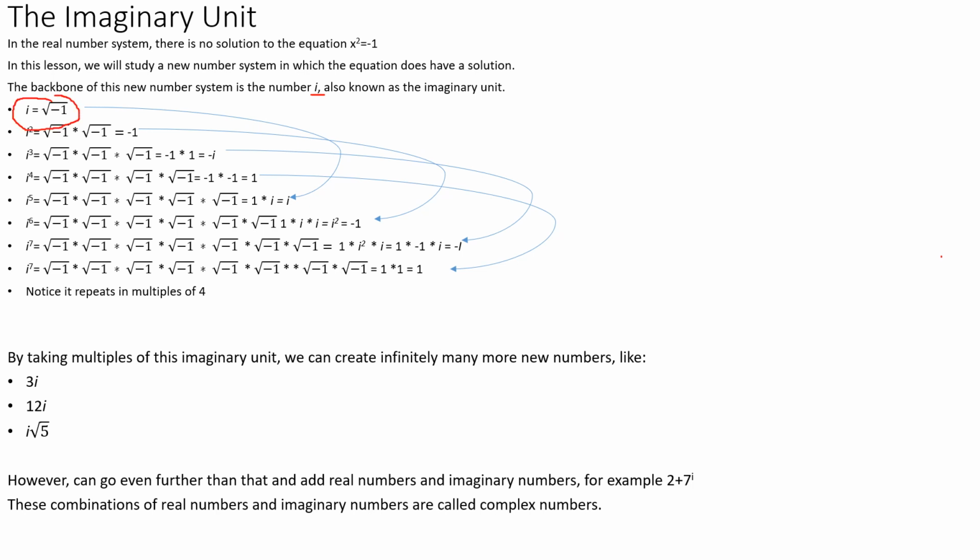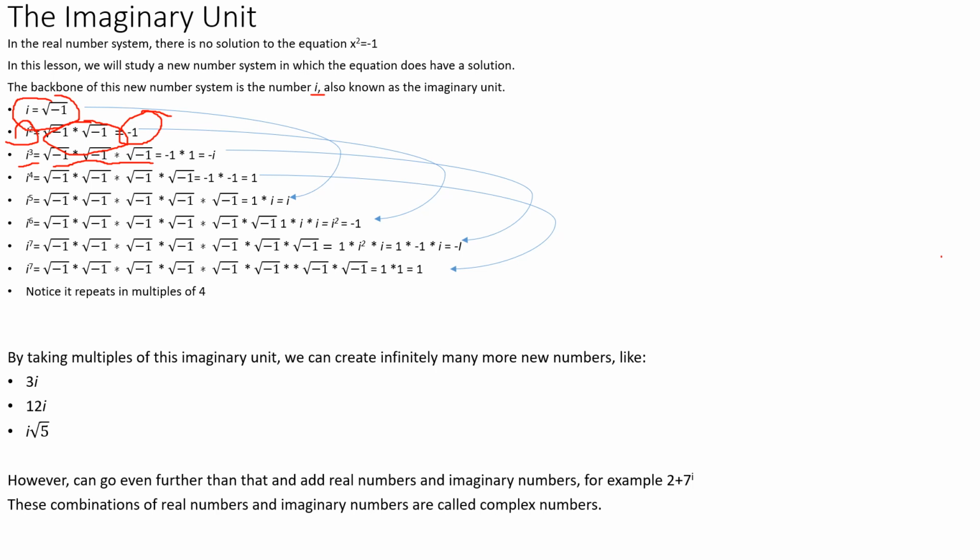A couple interesting things here. i squared is the same as the square root of -1 times the square root of -1, and that result is not 1, it's -1. If you understand that, the rest won't get any harder. It really builds on groups of 4. If I look at i to the third, that's the square root of -1 times the square root of -1 times the square root of -1.